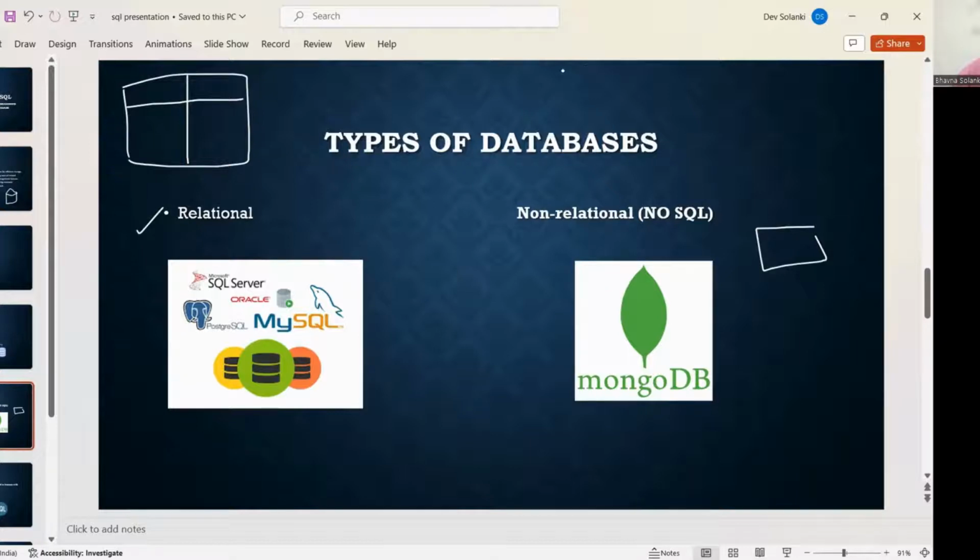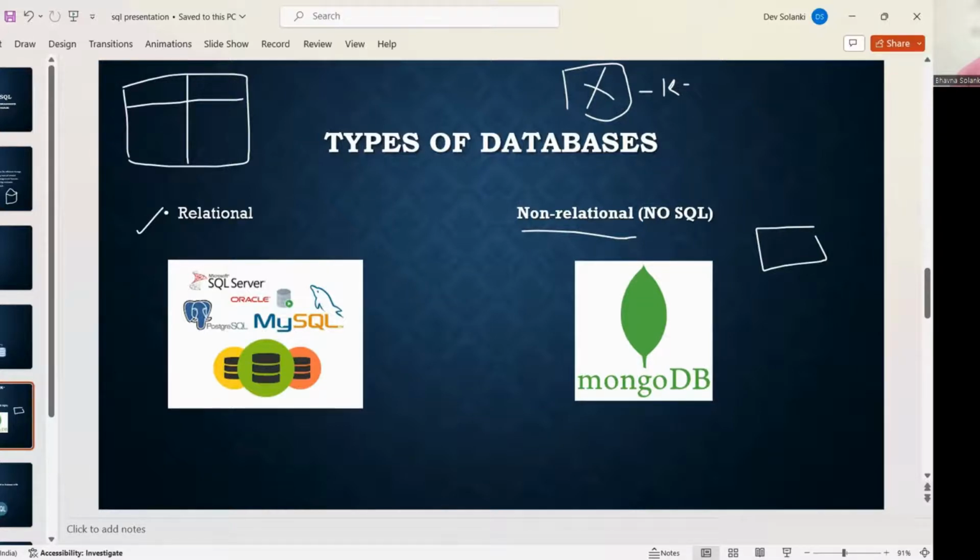When the data is not in the form of a table, it is in the form of key-value pairs, then it is known as a non-relational database. Another name for it is NoSQL.